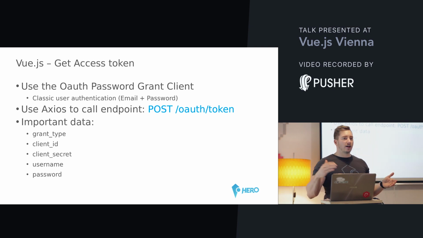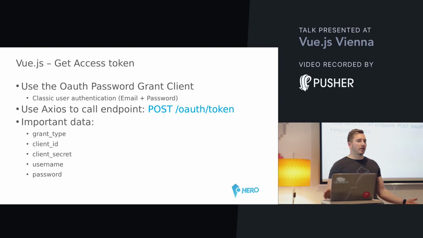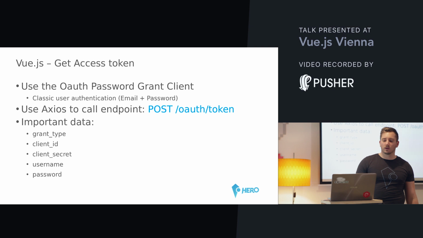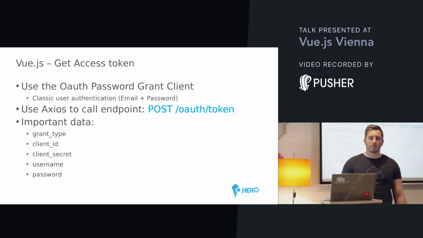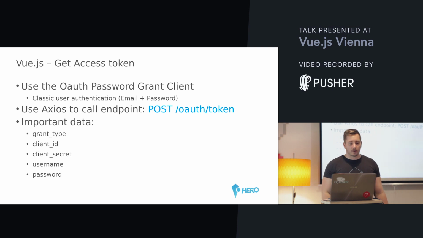There are also other grant clients for machine-to-machine communication, for example, but this is the interesting one for normal logins. We use Axios. How many of you know Axios? Yeah, so most of you, it's a simple package for creating calls to an API, for example, or a web service. And I think it's a great one, so I can recommend using that.